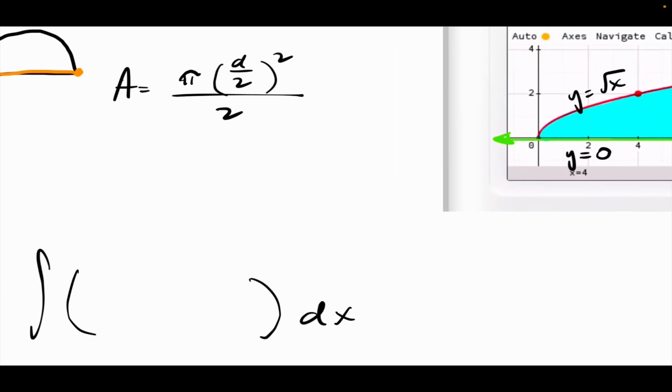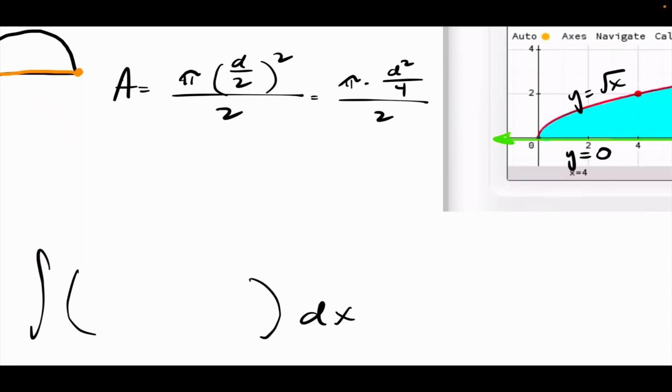Okay, so now I got to simplify this guy a little bit. Square it. How do you square a fraction? You square the top, you square the bottom. So pi times d squared over 4, right? Okay. Divided by 2.